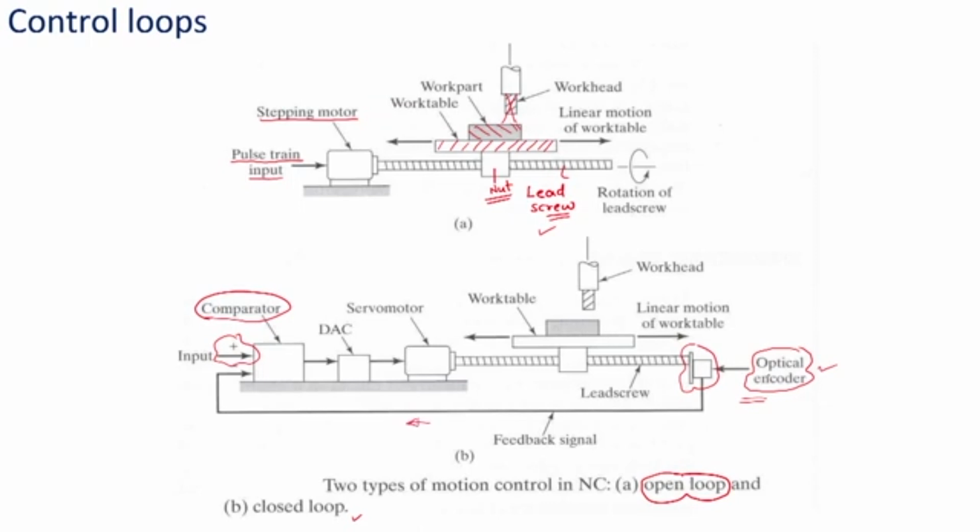That we call the closed loop control system, which is very essential when we talk about precision laser based manufacturing operations. For the precision operations, we have to go for closed loop systems.